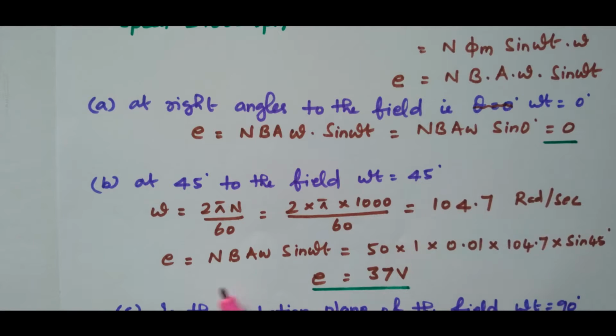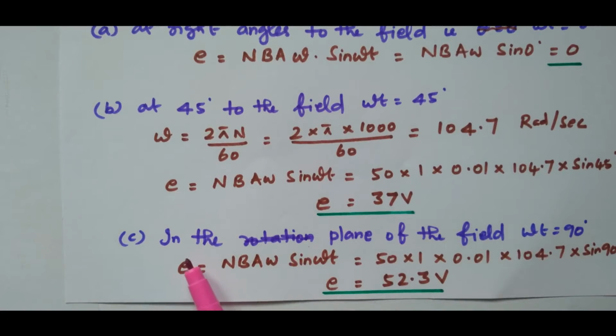Now we can substitute all the values: N is 50, B is 1 Tesla, area is 0.01, ω is 104.7, into sin 45 degrees. By simplifying, we get E equals 37 volts.